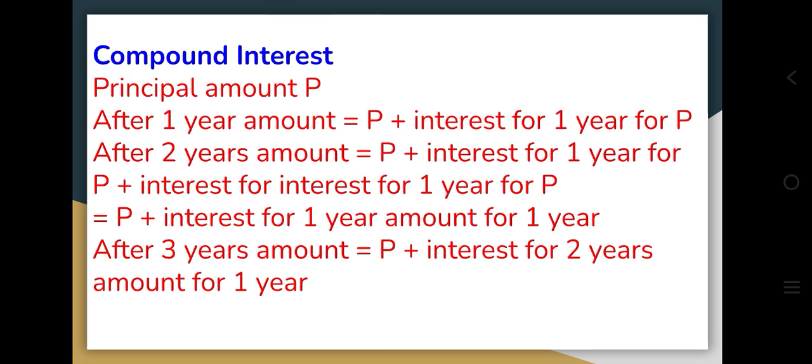Then we have to add interest for the first year. So that is the difference between simple interest and compound interest. We have to calculate interest for the interest also.